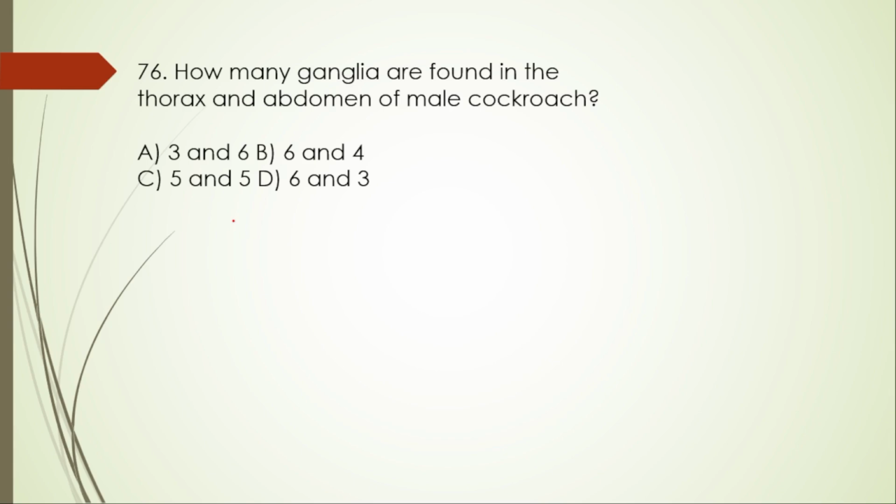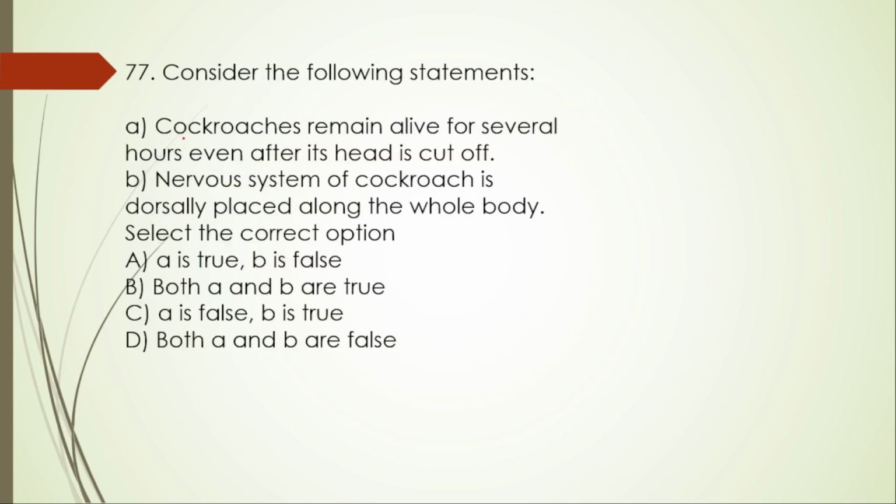How many ganglia are found in the thorax and then abdomen of male cockroach? Here: 3 and then 6, 6 and then 4, 5 and then 5, D 6 and then 3. So the right option is 3 and then 6.